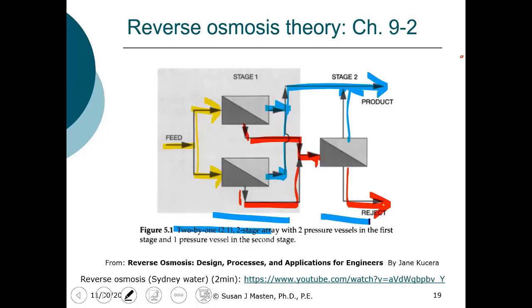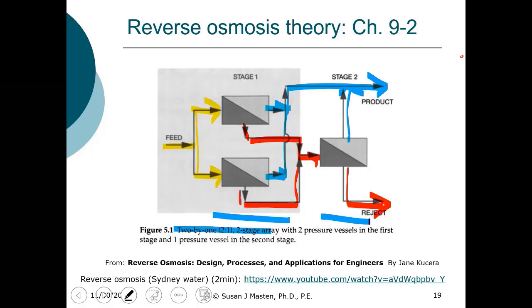Why would we do this? We could make the first stage a larger pore size, and then the second stage a smaller pore size. So we could change the pore size. Also, typically your stage 1 is going to have more membrane units on it. So you're basically squeezing out as much water as you can reasonably do for that conditioned water.